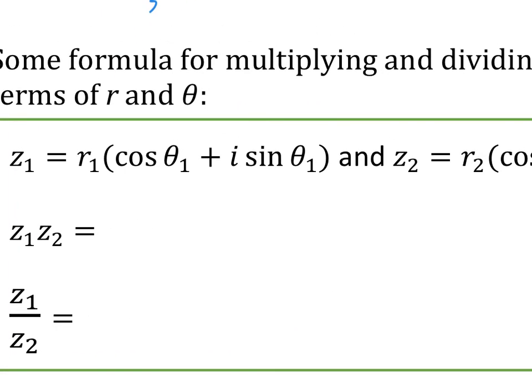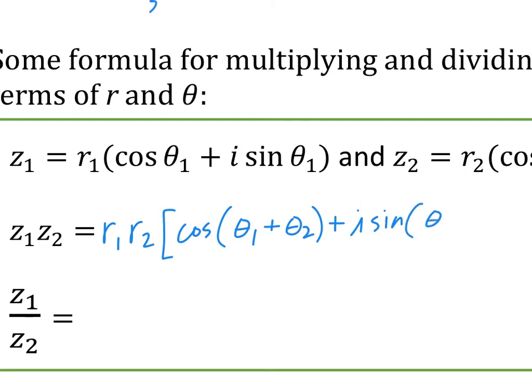Okay, z1 times z2. The formula is r1 r2. r1 is the radius for the first number, and r2 is the radius for the second number. So r1 r2 times cosine of theta 1 plus theta 2 plus i sine theta 1 plus theta 2. Okay, so we're just going to learn how to apply the formula since we're not memorizing it anyways.